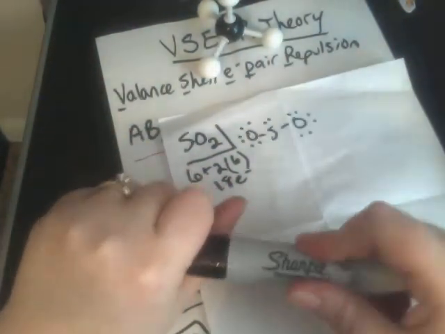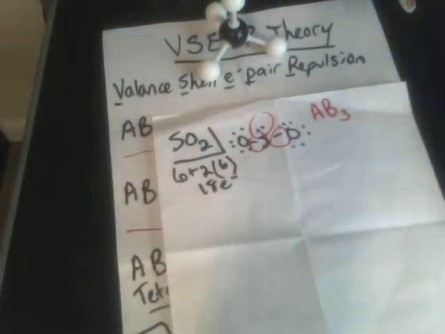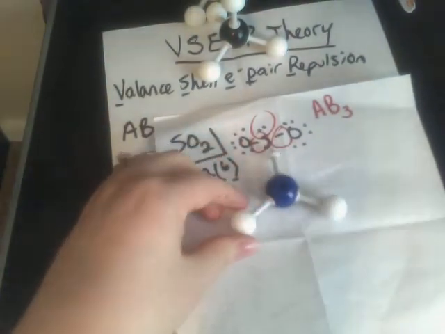So how many electron density regions are there? There are 1, 2, 3. So this is an AB3 molecule, right? With 2 bound, 1 unbound. We can build that. 2 bound, 1 unbound.